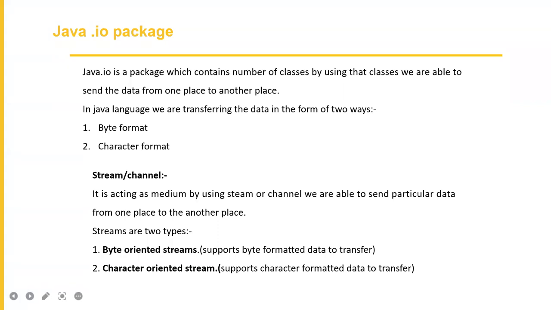If I am talking with you in English, English is a channel that can be understood by both. We have two types of streams: a byte-oriented stream, which supports transferring data in byte format, and a character-oriented stream, which supports the character format.